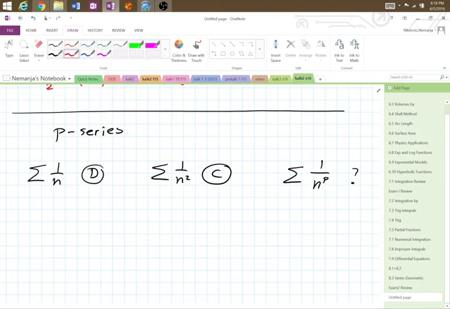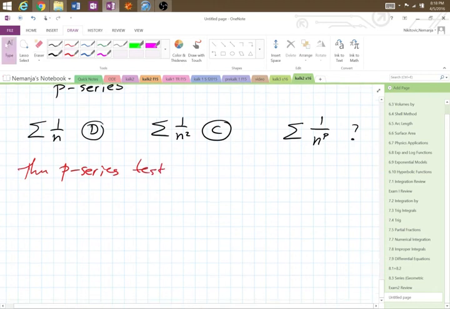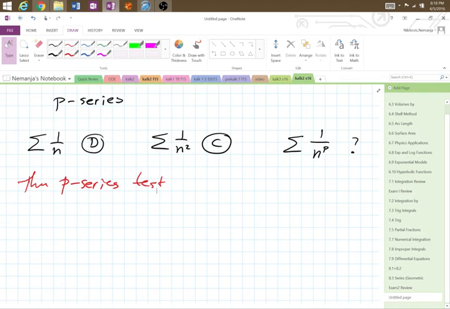So here it is, the theorem on the P-series test. Summation of 1 over k to the p, where it goes from whatever value to infinity. We have two cases.